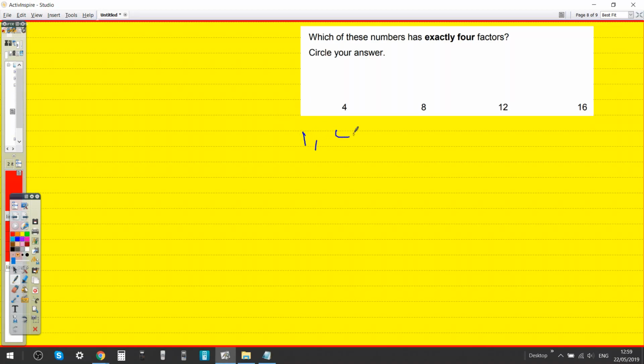So 1 and 4, and then 2. So that's 3 factors. For 8 it is 1 times 8, 2 times 4, so those are 4 factors right there.